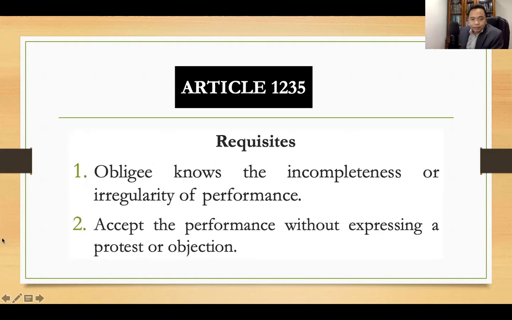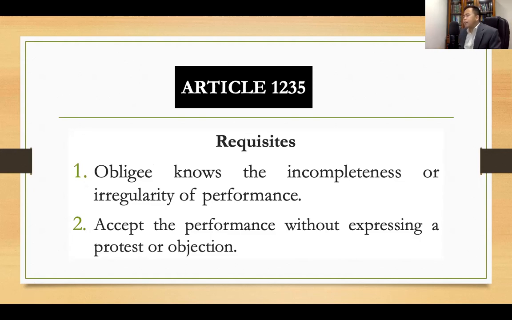Take note of that. The requisite of Article 1235 is, number one, that the obligee knows the incompleteness or irregularity of performance. That is very important, class. The obligee must know about the incompleteness or irregularity of the performance at the time of the acceptance.